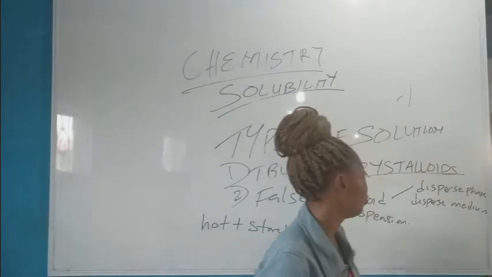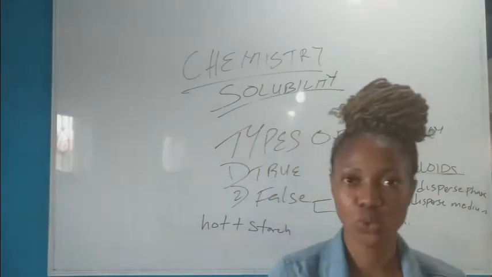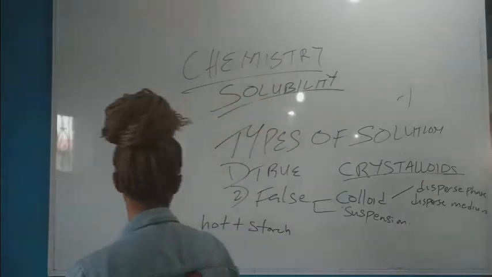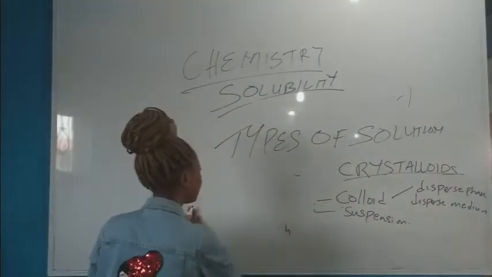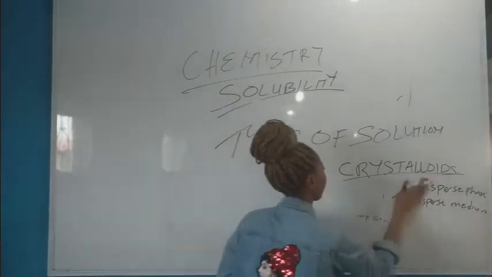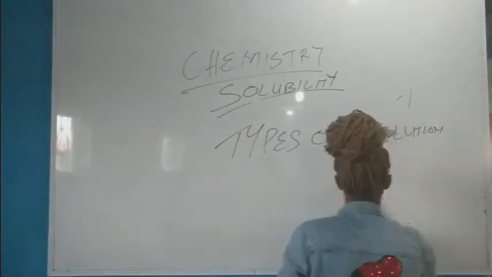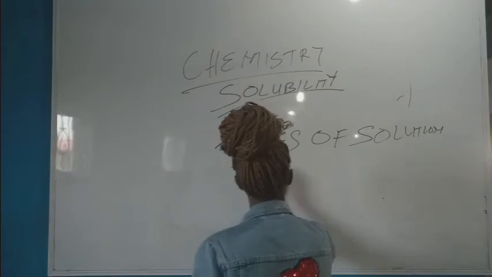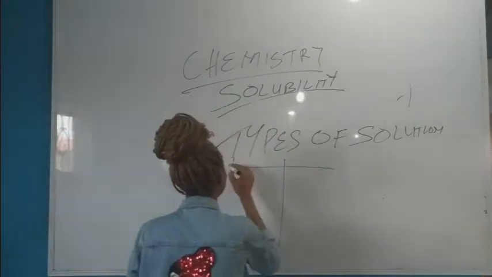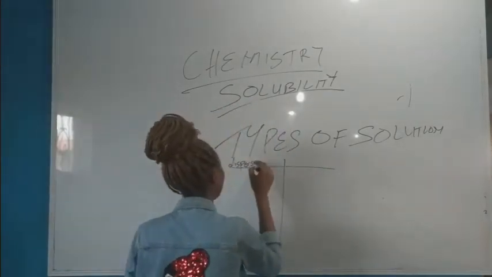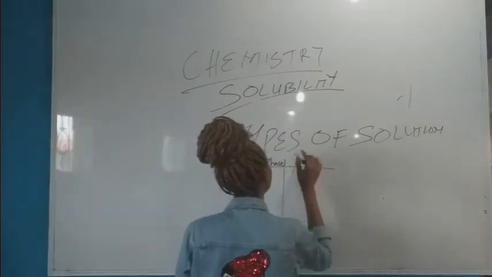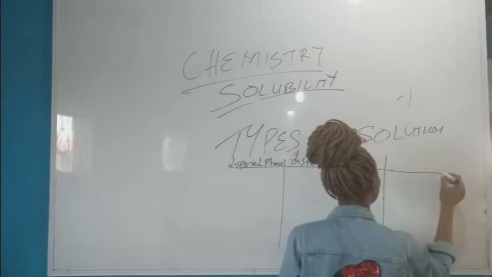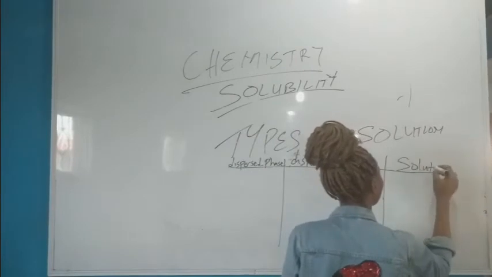So now let's move to examples we have. Let me draw a table of the dispersed phase, the dispersed medium, and the outcome, like the solution they will give us.